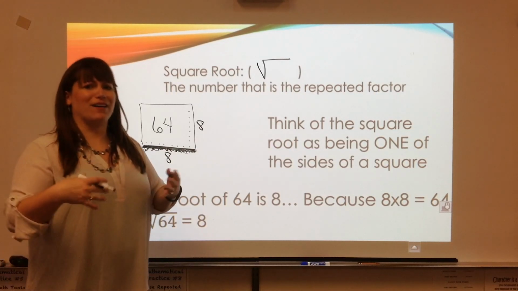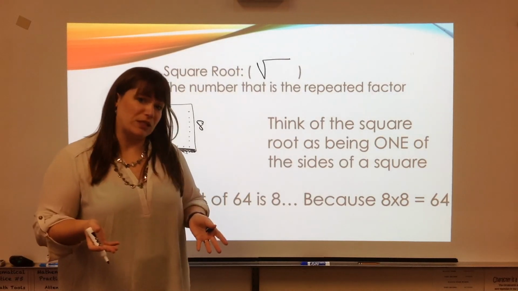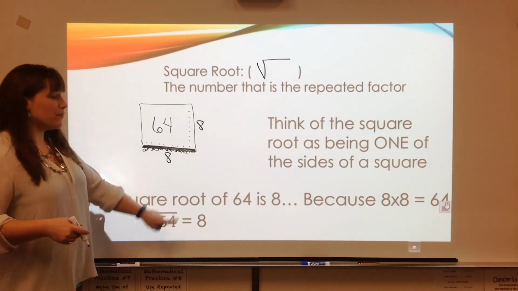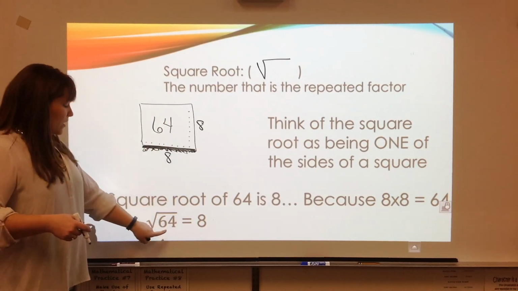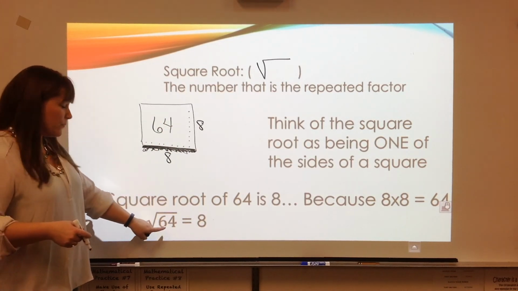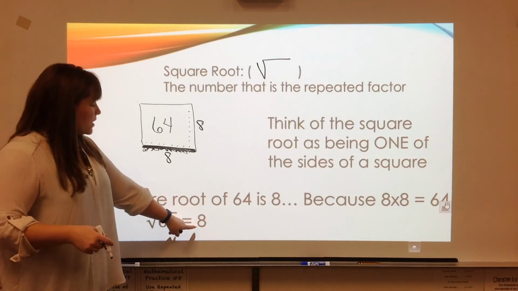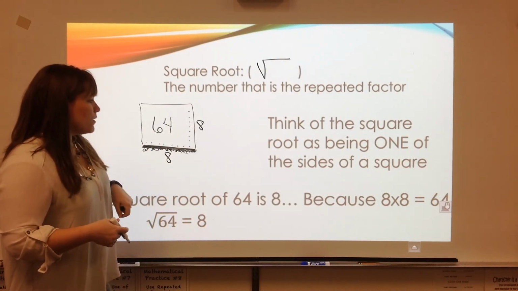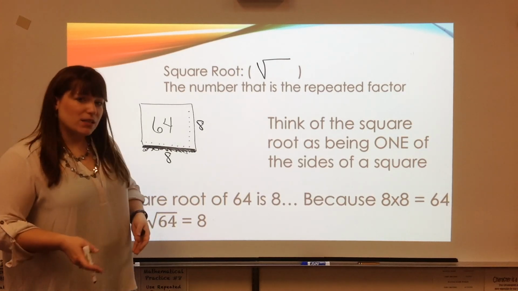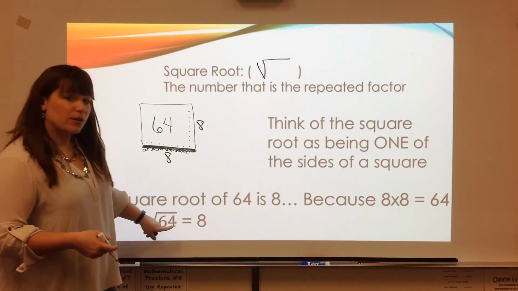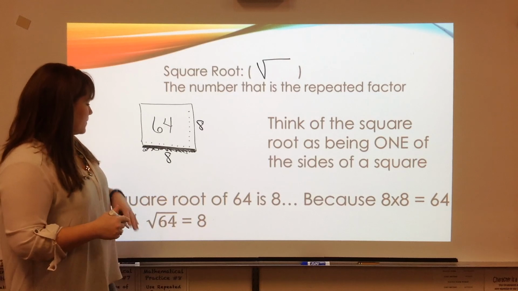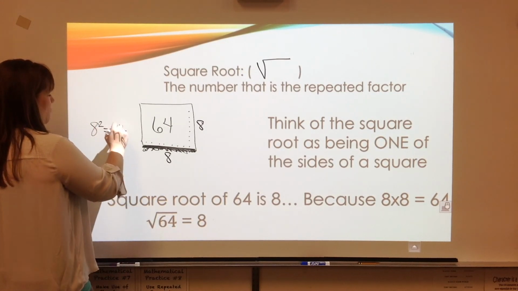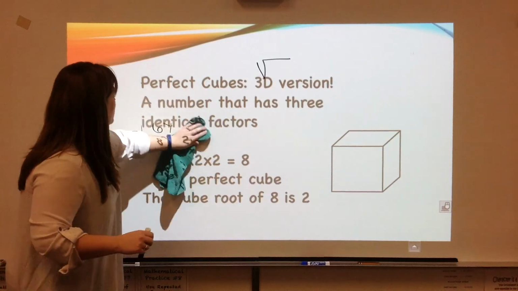And it's the factor that is the same on both sides. So we see the perfect square, the 64 number, inside this symbol, and then the answer is the one of the same factor. So because 8 times 8 is 64, the square root of 64 is 8, and 8 squared would equal 64.